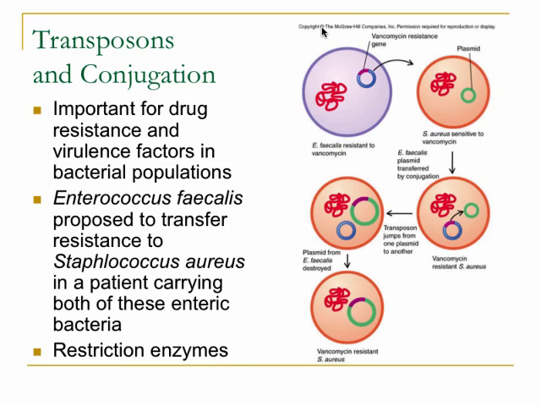So for example, even between species, although it's rare, it can occur. So there was a case where two patients in the same hospital were studied, and one patient had an infection with Enterococcus faecalis that had antibiotic resistance to the antibiotic vancomycin.